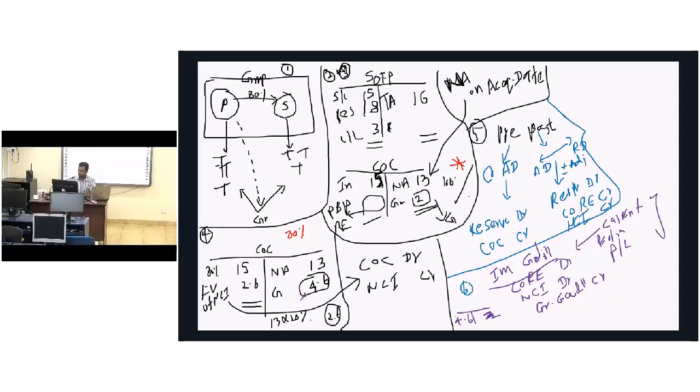All right. Number 7. What is number 7? Any other concept you learn in group consolidation?